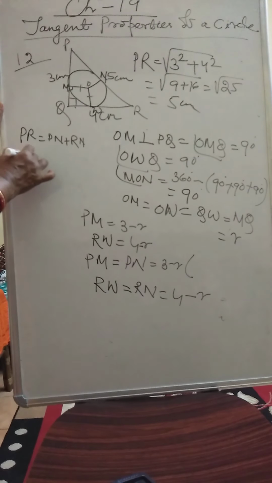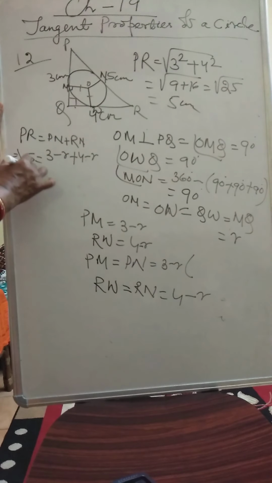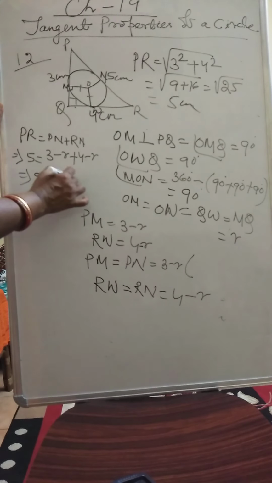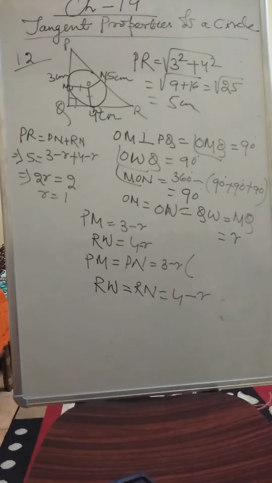PR value is 5. What is PN value? 3 minus R plus 4 minus R. I'll bring the R this side, minus 2R is coming, hence 2R is equal to 7 minus 5, 2, R is equal to 1. Hence radius is 1.